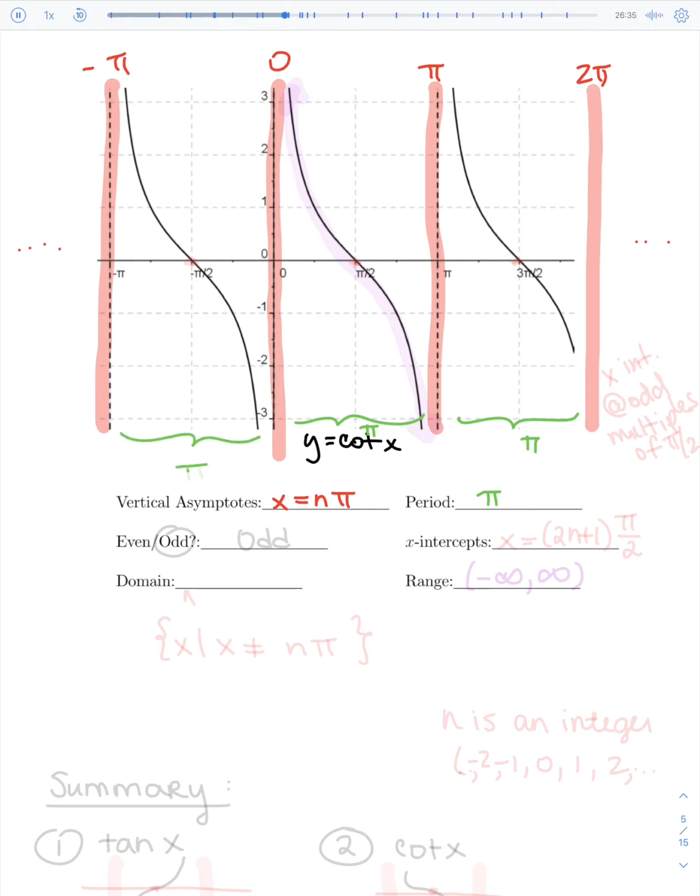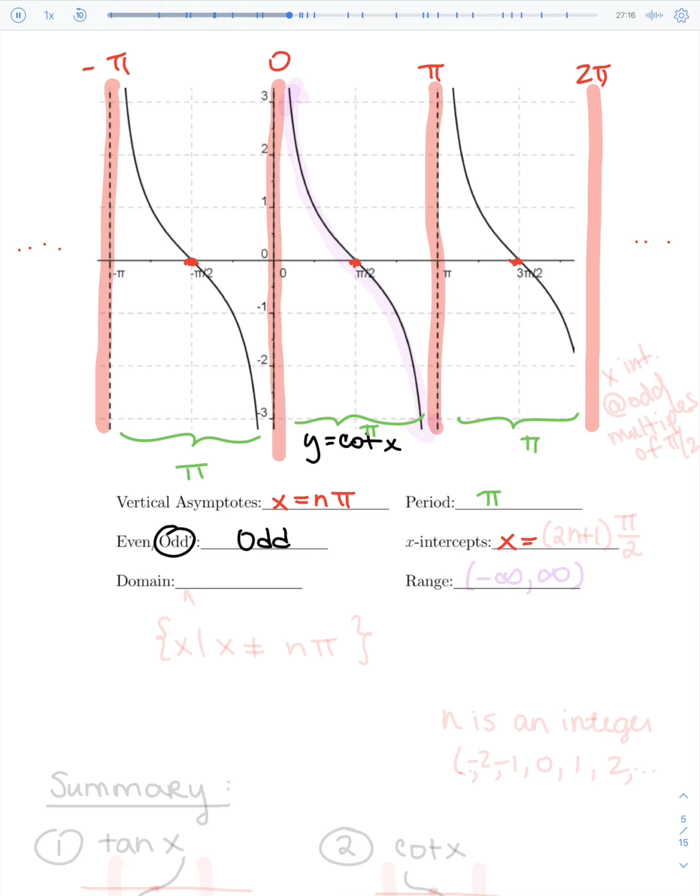And let's see, the cotangent function is just like the tangent function. It is odd. Where its x-intercepts, though, be careful. Its x-intercepts are actually happening now where the asymptotes were happening on the tangent graph, at odd multiples of pi over 2. So what we would do is we would say that the x-intercepts are happening at x equals 2n plus 1.